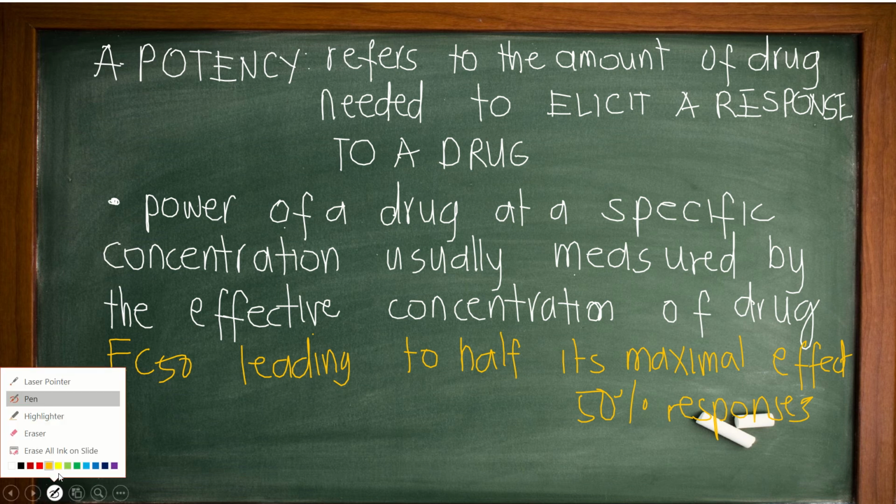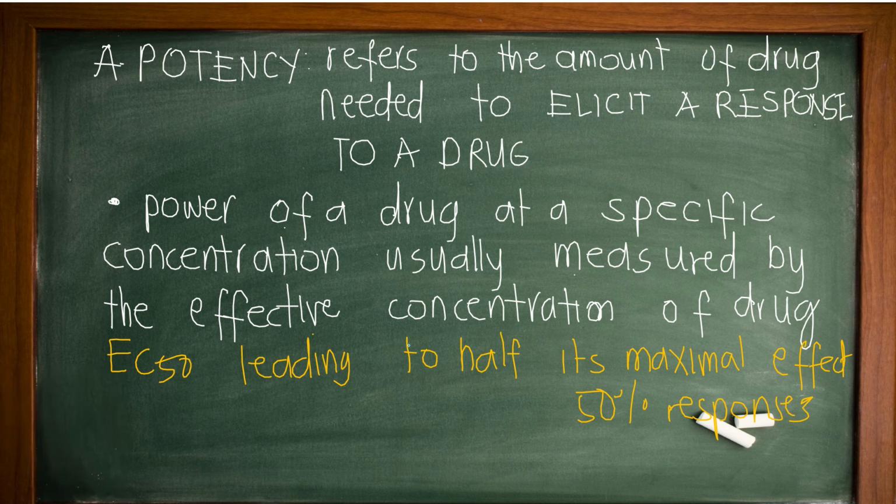Now, what is your EC50, or the effective concentration of a drug? Your EC50, class, is the needed amount of a drug, how much of the drug is needed to reach 50% of the maximum response.